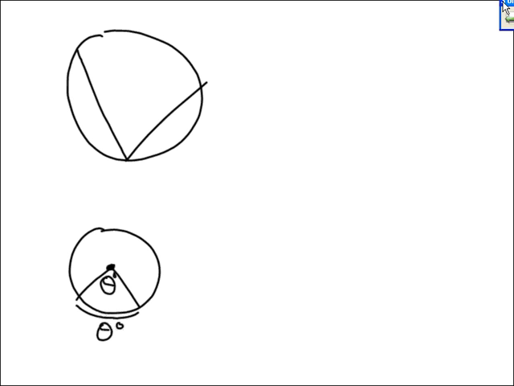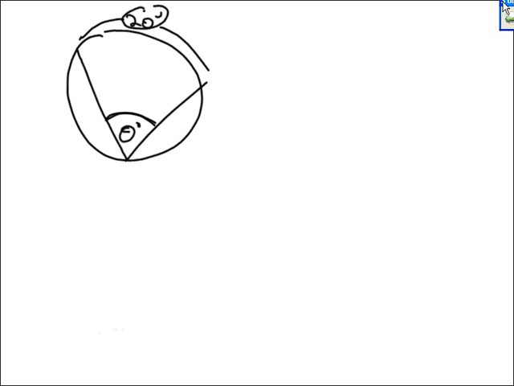It turns out that if this is theta degrees, then the arc would be twice it. If you have the arc and you want this angle down here, take half of the arc. That's what this theorem states. So let's write up this theorem formally, and we'll even prove it.